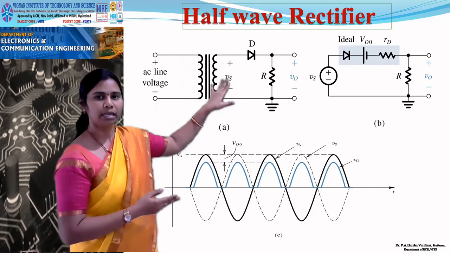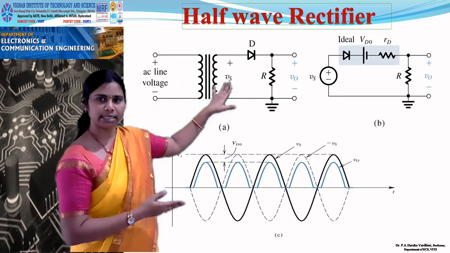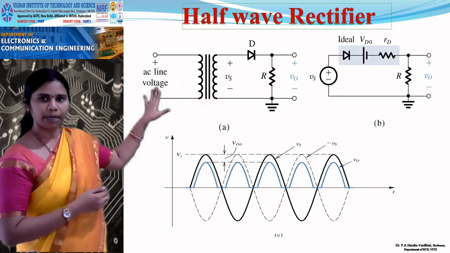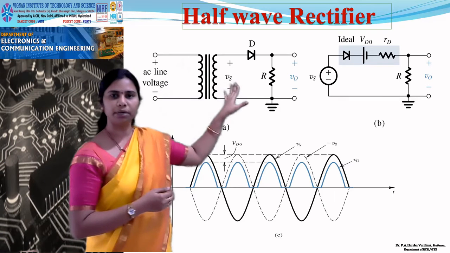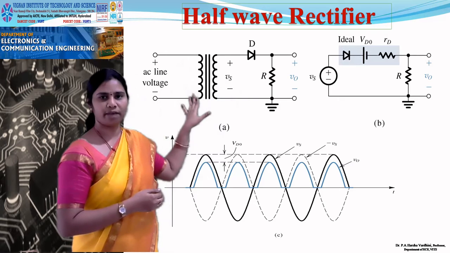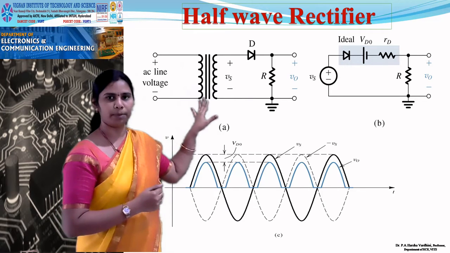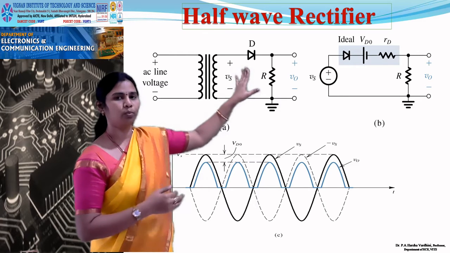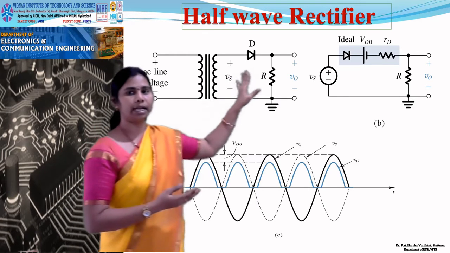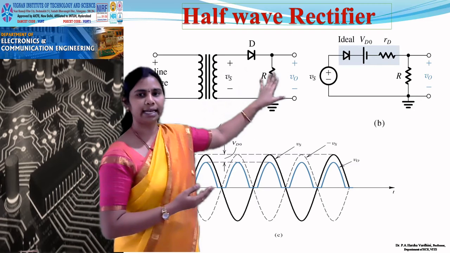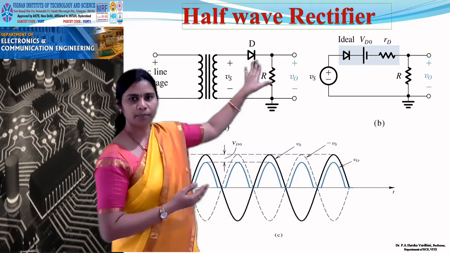It is the same sinusoidal signal which you have applied at the input, but it has been stepped down. The peak-to-peak voltage will be lesser as you have used a step-down transformer. Now you connect this signal to a diode, and whatever load needs a DC signal is connected as load to the diode.